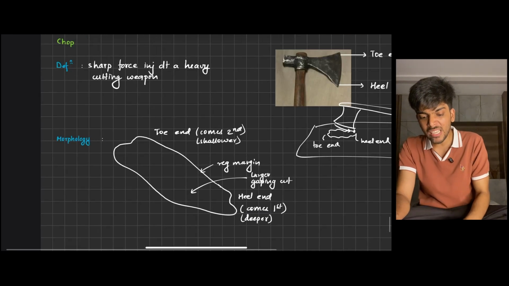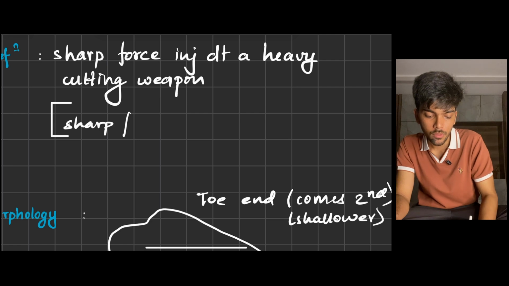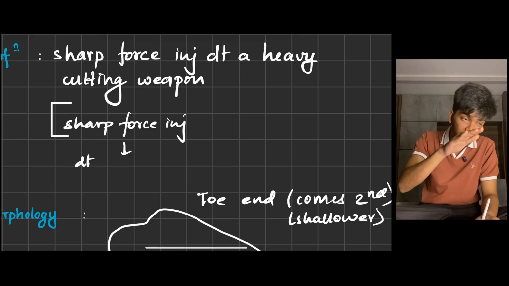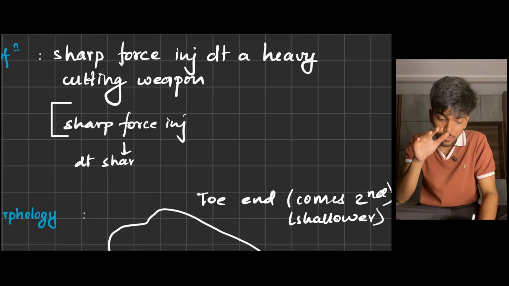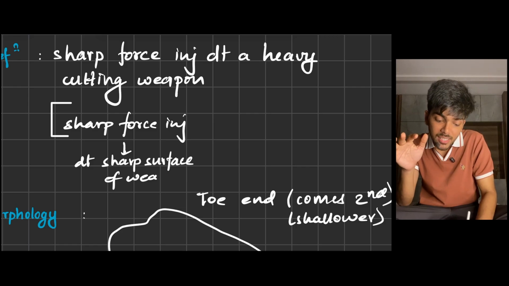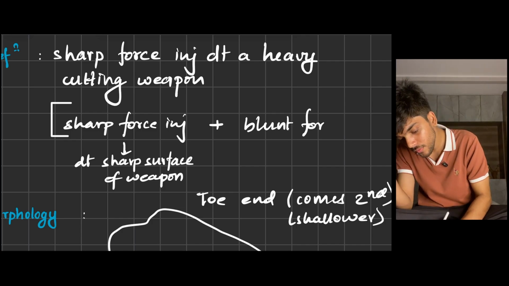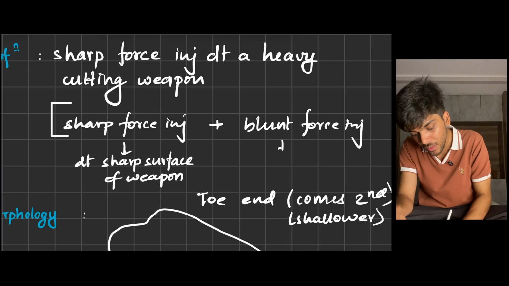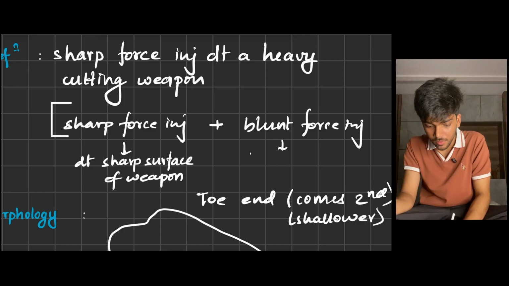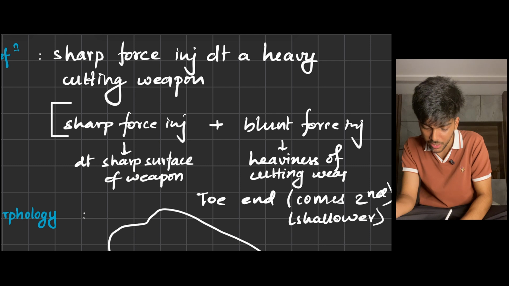See, chop is actually a combination of sharp force injury, which is due to the sharp surface of the weapon, plus a blunt force injury, which is due to the heaviness of the cutting weapon. So it's a combination of both.